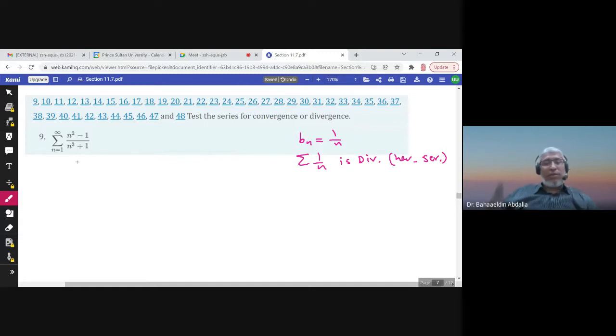And I cannot prove that this is less than this, or greater than this, because I have a plus in the denominator. So I will use the limit comparison test.